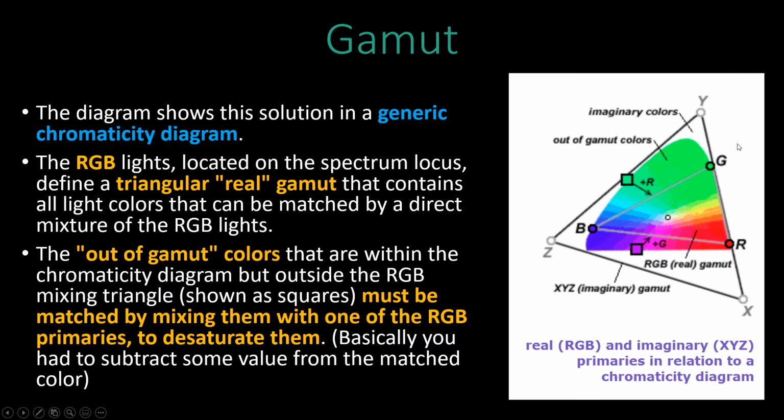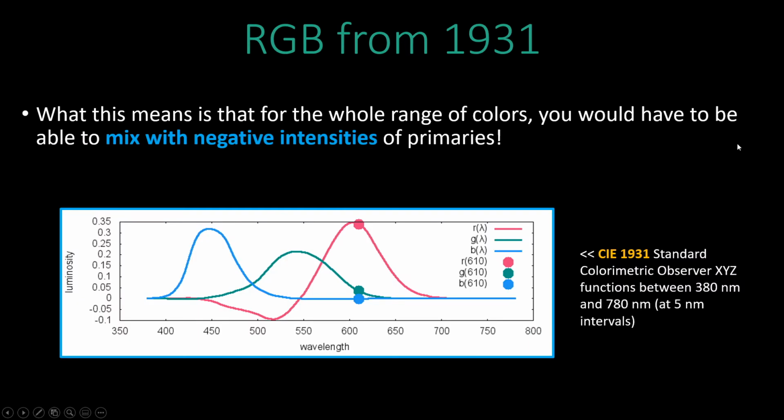Okay, so let's look at it again a little bit. This is the RGB standard, so mixing three colors with RGB, and the problem is if you plot these lines. Let's imagine that we want to match this color. I don't know what this one is, but let's say this is orange or something.